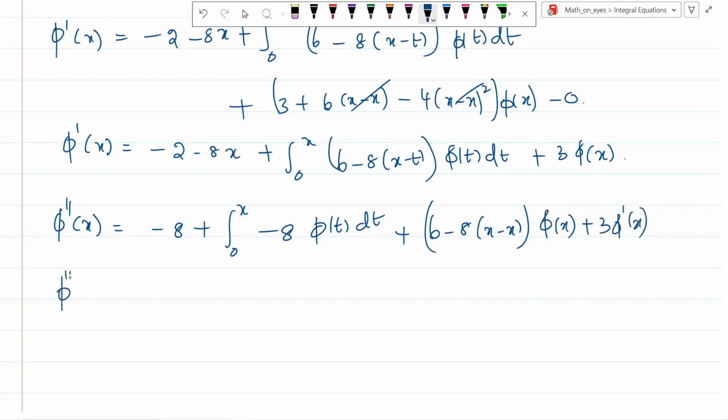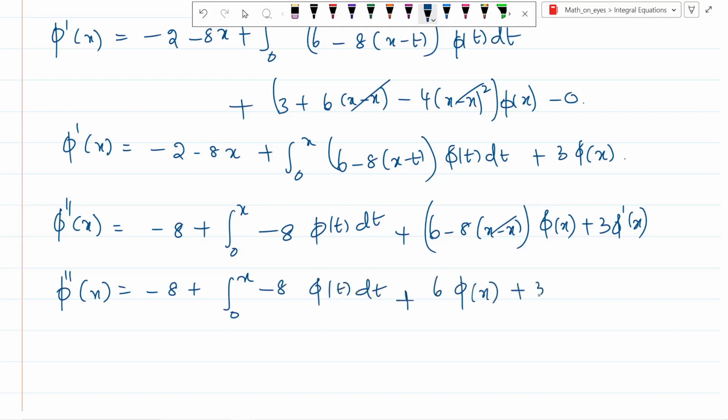So phi double dash of x is equal to minus 8 plus integral 0 to x of minus 8 into phi of t dt. This one, x minus x, cancels, so we will have plus 6 into phi of x plus 3 into phi dash of x.